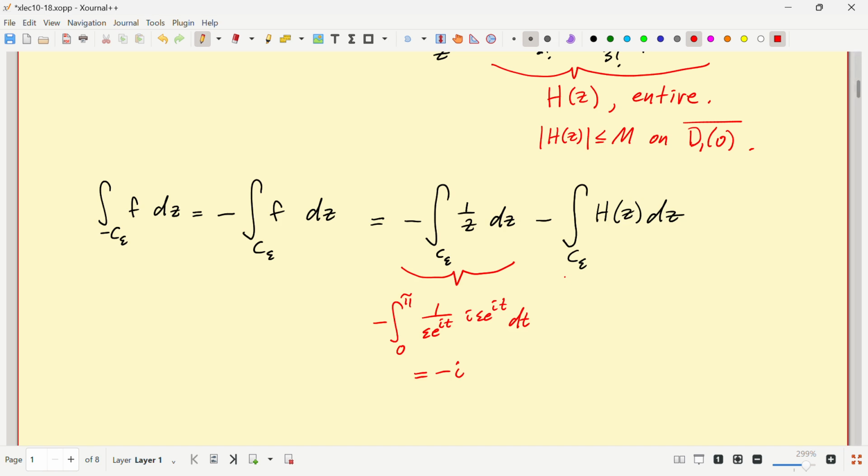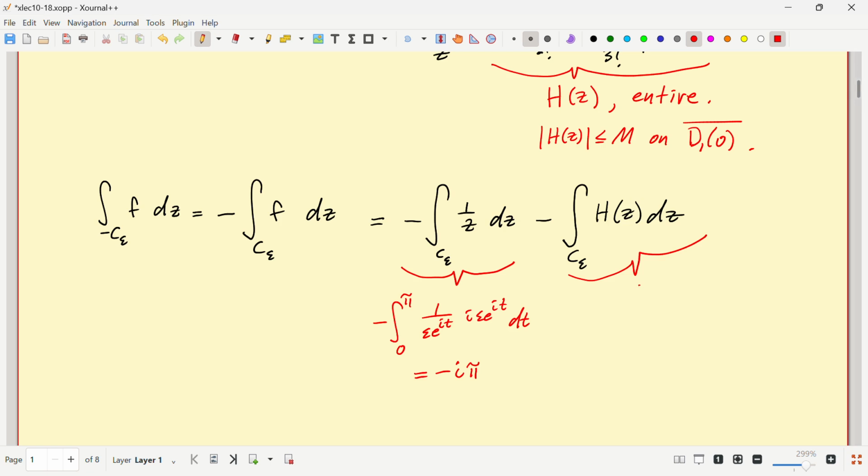Shouldn't there be a pi on that as well? What? Minus i pi. Minus i times the distance, pi. The length of the interval. Thanks. That's what I promised it was going to be. If it went all the way around, it'd be 2 pi i. So that's why it's half the usual residue theorem.